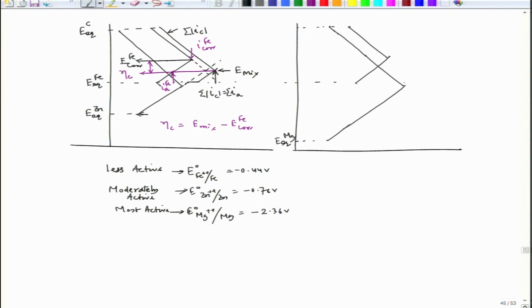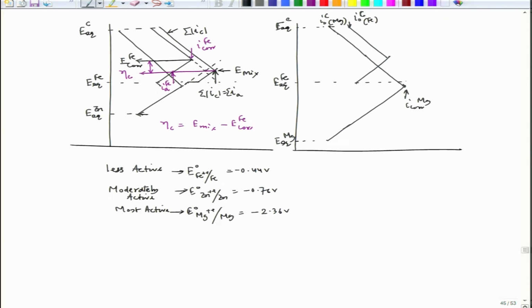When separately done, this is the corrosion rate I corrosion of magnesium, this is equilibrium of C, this is I 0 of C on the magnesium surface, this is I 0 of C on the iron surface, this is E equilibrium of iron.